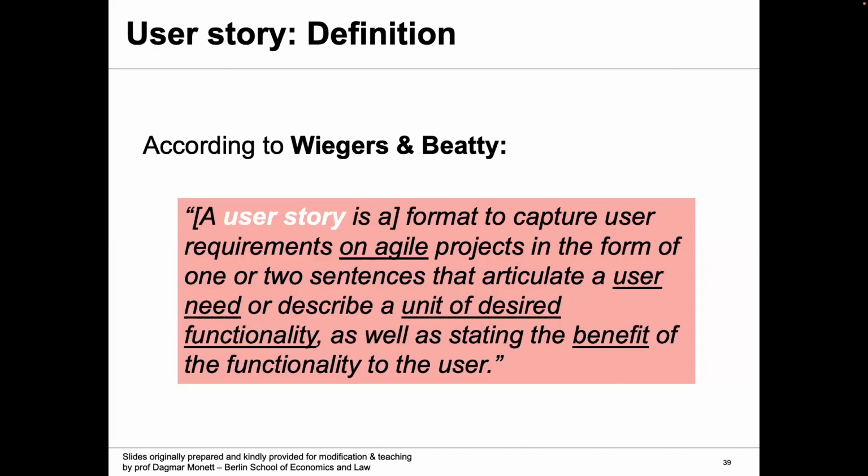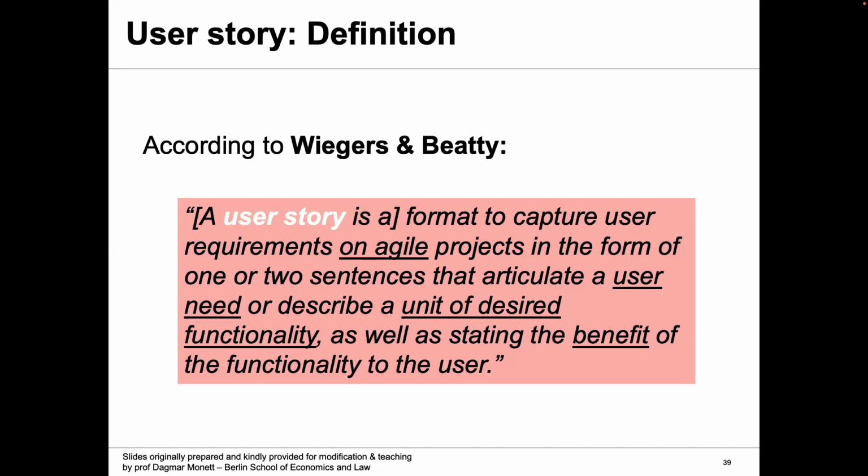We then went on to the definition that is given in your course book. And as it says, it's an important part of the agile projects, and they're usually in the form of 1 or 2 sentences. They describe basically the user's needs, as well as the motivation behind fulfilling that need.